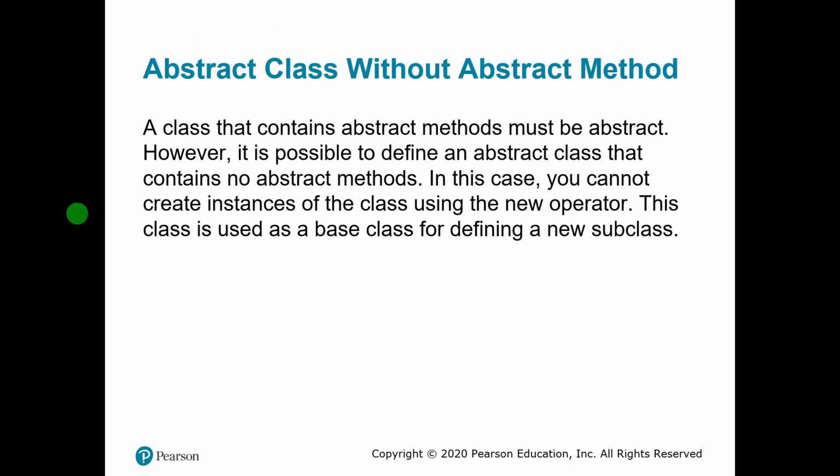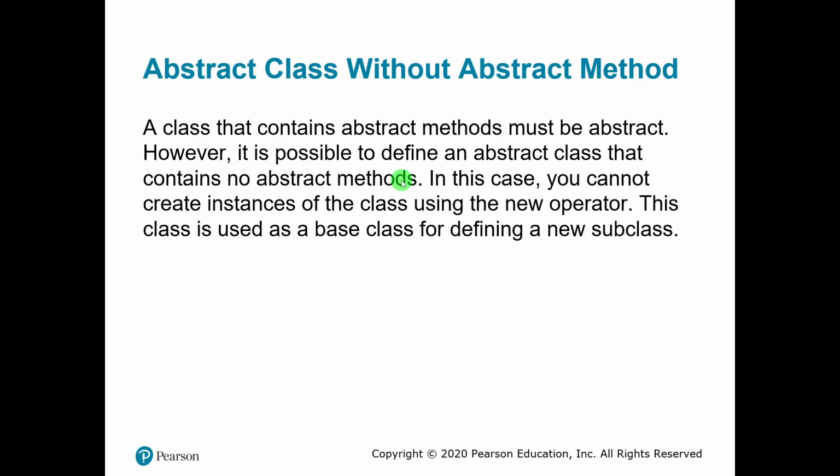An abstract class without abstract method. So that's how we first started out. When I changed the class to abstract, but I had not added the getArea method, that was fine. I don't have to have abstract methods. A class that contains abstract methods must be abstract. However, we can create an abstract class that doesn't have any abstract methods.